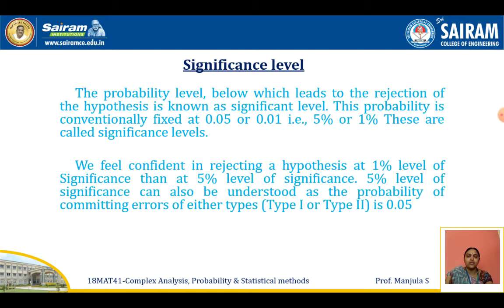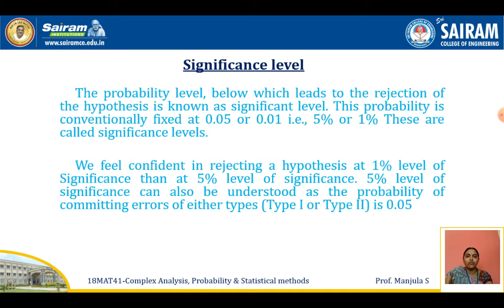You just see here, one particular number will be there for 5% and 1%. Within that, if our obtained value comes, then only we are going to accept, or else we are going to reject. Some particular values we are going to fix, and that value we call a significance level or probability level.